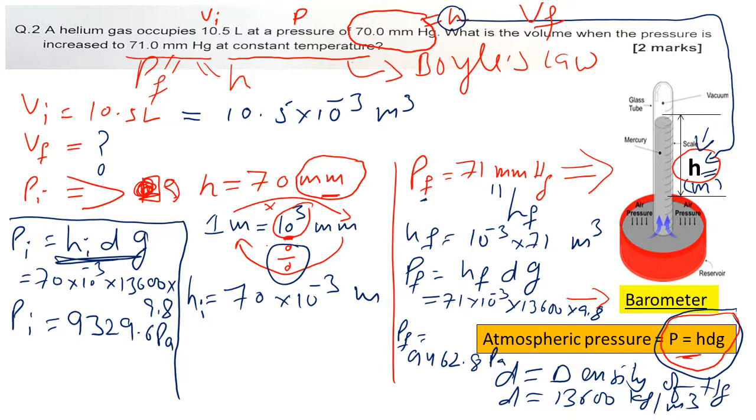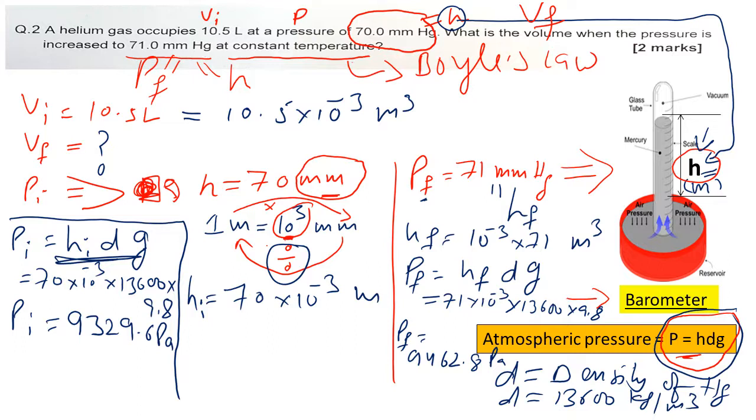First you have to change this millimeter to meter. The relation between the millimeter and the meter is that 1 meter is equal to 10 to the power 3 millimeter. The same rule: if you are moving from left hand side to the right hand side, you multiply by this number, and if you are changing millimeter to meter, then you have to divide by the same number.